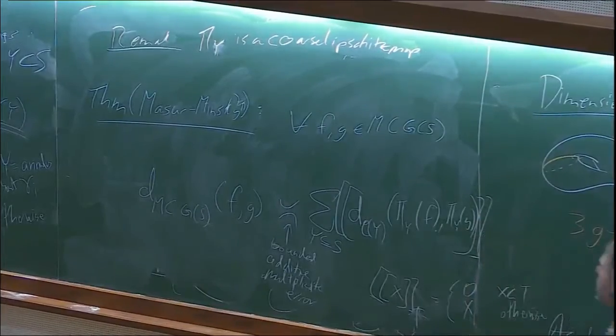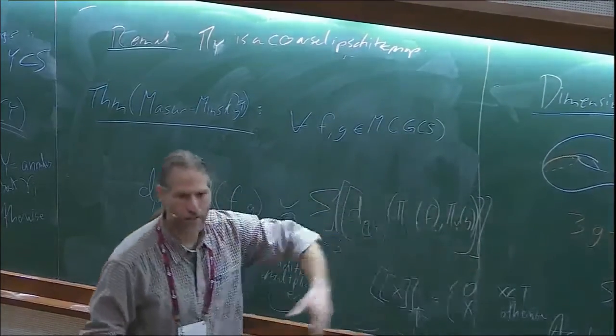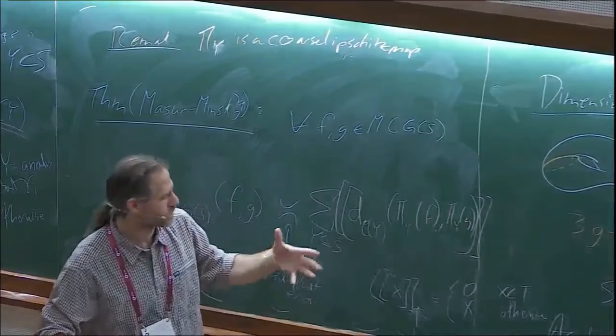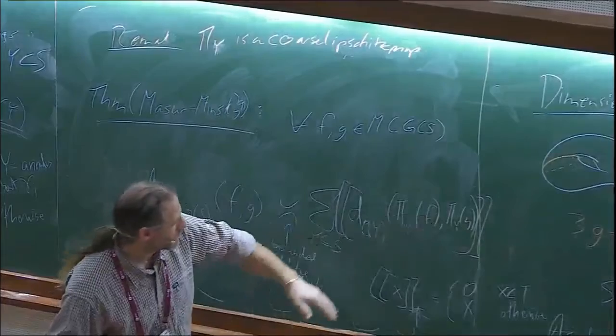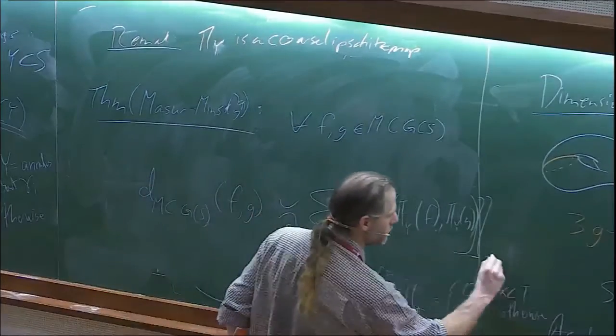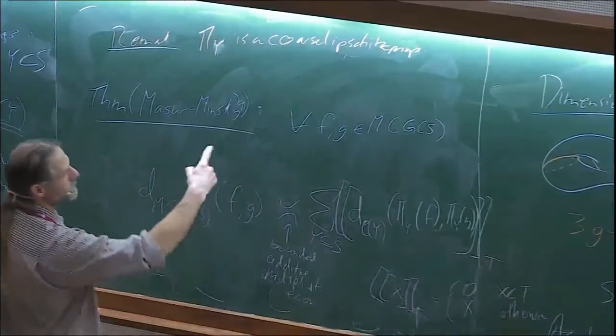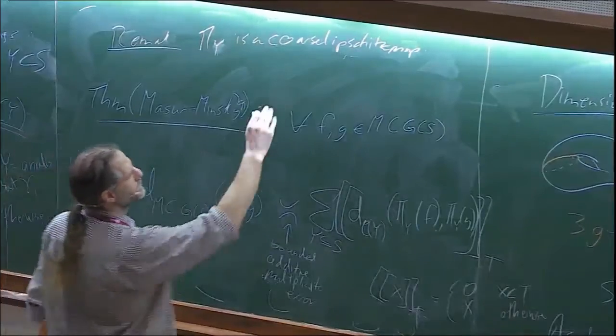So I take these numbers, there may be infinitely many. Everything I said was well defined only up to something coarse, and so you expect there to be infinitely many of these that are non-zero. But it turns out that, now let me put in some quantifiers. The quantifier should go up here.